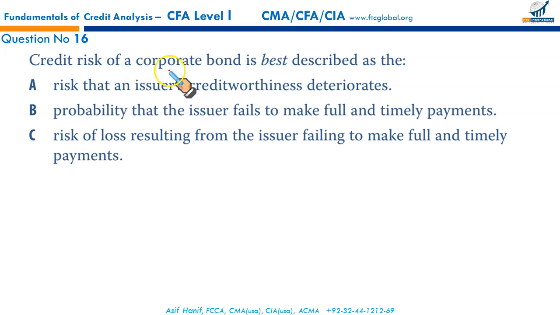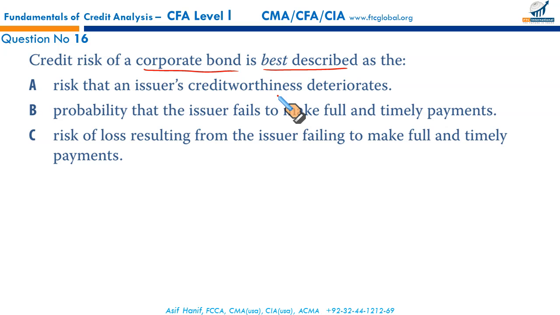credit risk of a corporate bond is best described as the risk that an issuer's creditworthiness deteriorates. Now let's first define what we read in our reading. Credit risk is the risk of loss resulting from the borrower, the issuer of debt, failing to make full and timely payments of interest and principal.